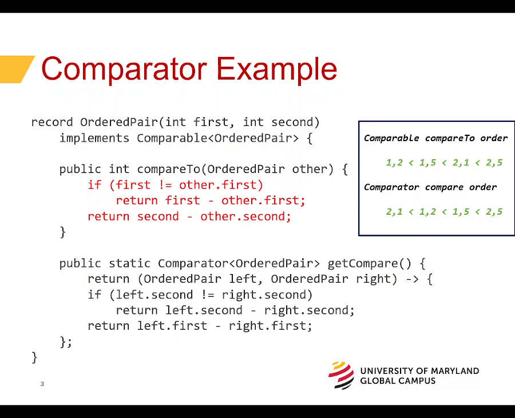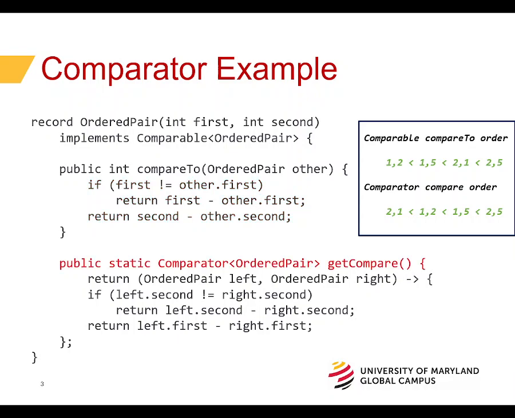The compareTo method satisfies our claim that this class implements comparable. It treats the first element as most significant. If the first elements of the pair are different, it returns their difference. Subtraction is a common way to produce the negative, zero, or positive values that compareTo is supposed to return. If the first elements of the pair are the same, then it compares the second elements in a similar fashion.